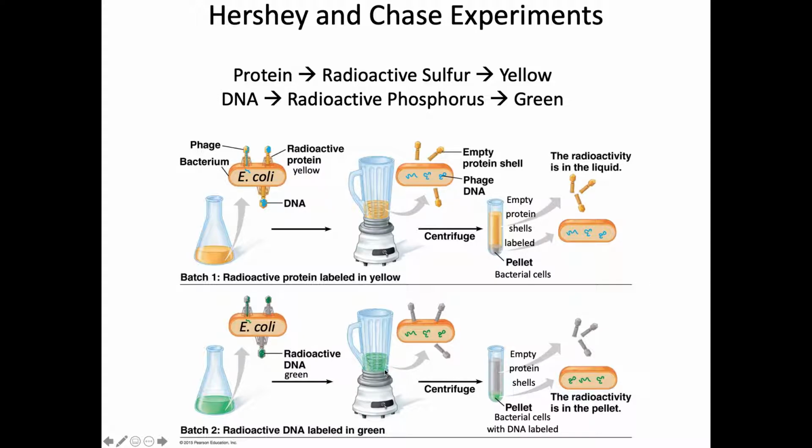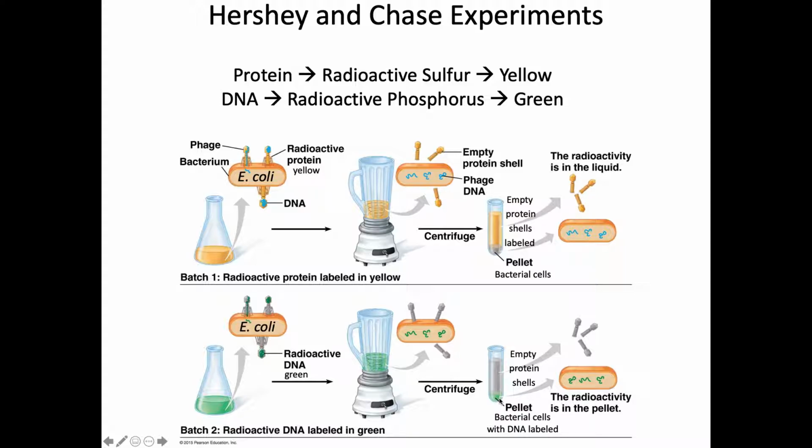And then they also put that into the blender to agitate, to detach, to remove those protein shells. And then again, they placed everything in a centrifuge where the heavier component, the bacterial cells, will go to the bottom. And then you can see that now the bottom, the pellet, actually is the one that is radioactively labeled.